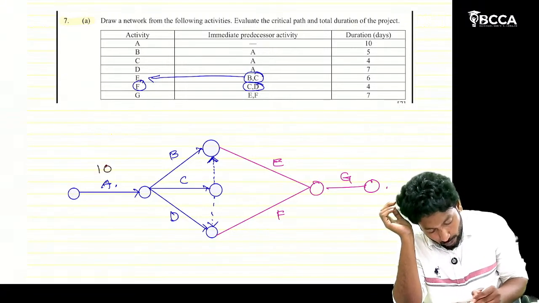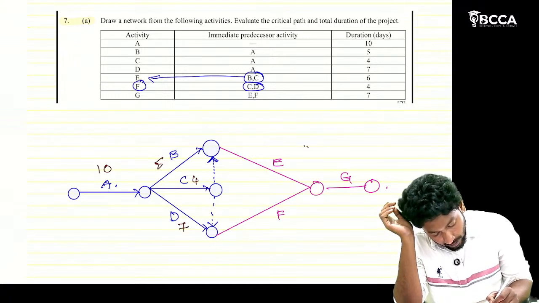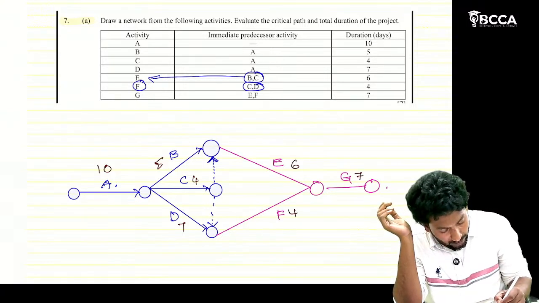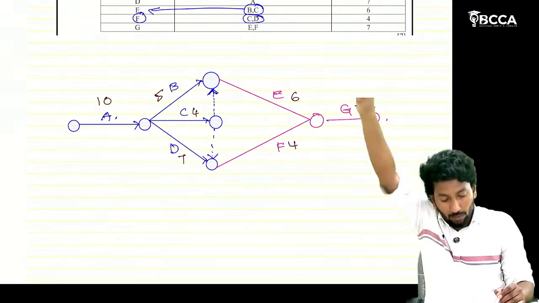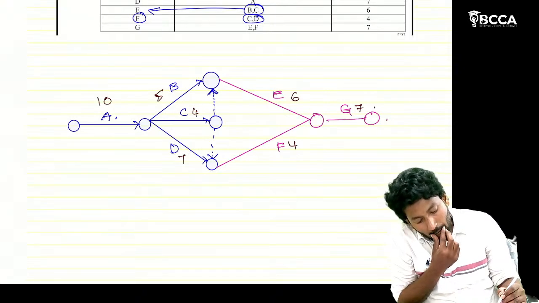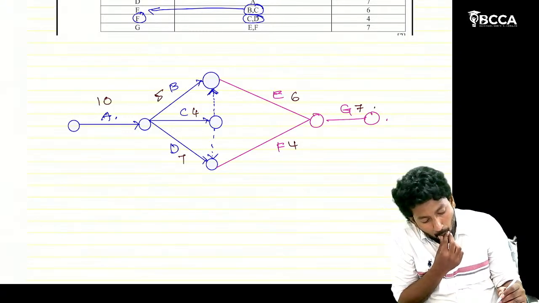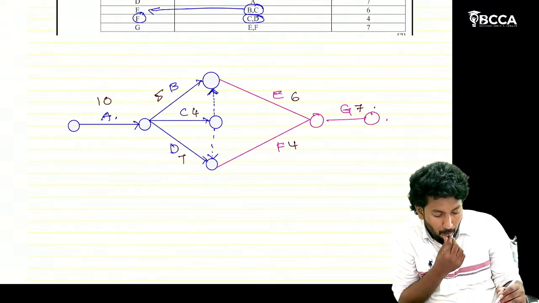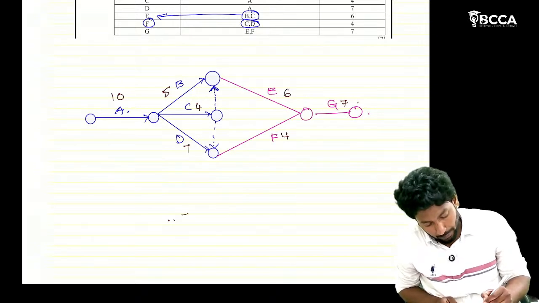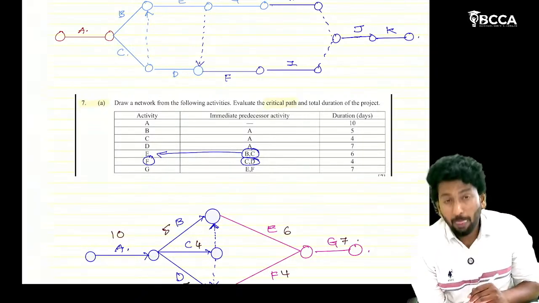Activity A has 10 days duration, B has 5, C has 4, D has 7, E has 6, F has 4, G has 7. Now, what are they asking in the question? They are asking for the critical path here.